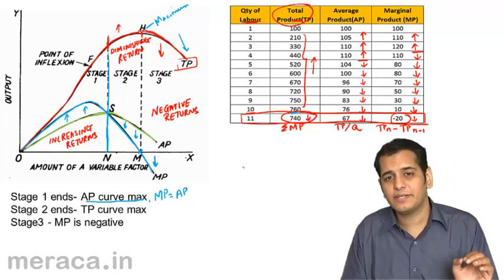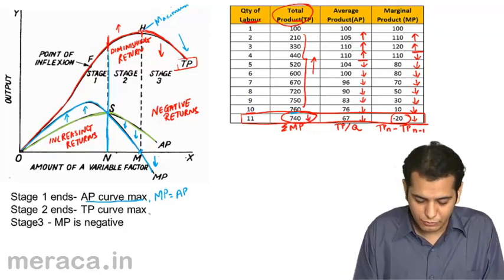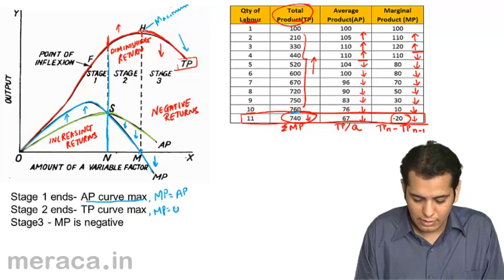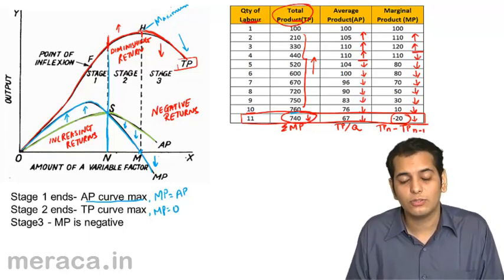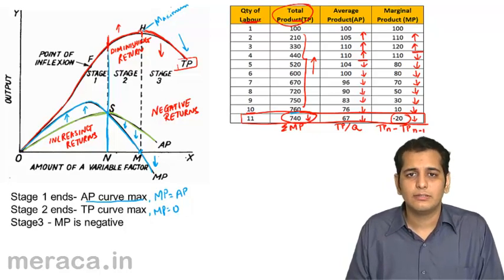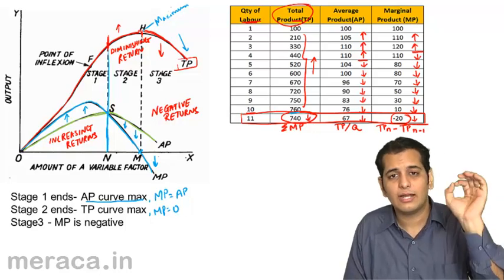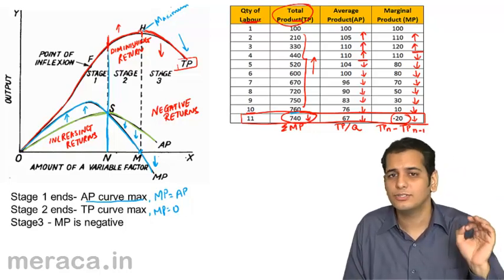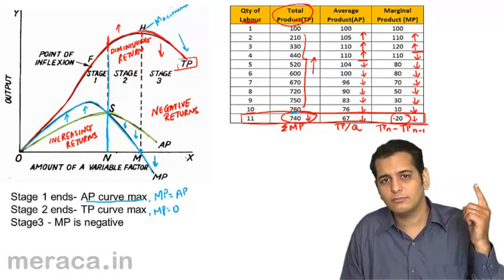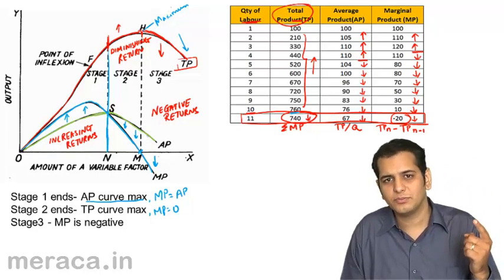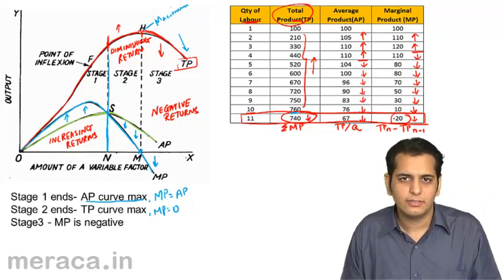And when the second stage ends, the marginal product curve is 0. And the corresponding point on the total product curve, we can see that the total product curve is maximum. It is at its highest level. It is at its peak. So the second stage ends when the total product curve is maximum and the marginal product curve meets the x-axis.